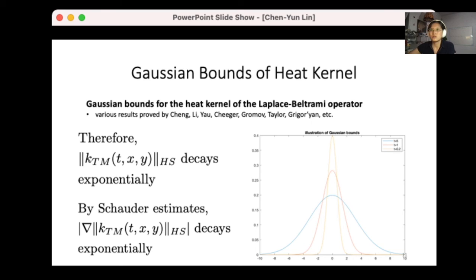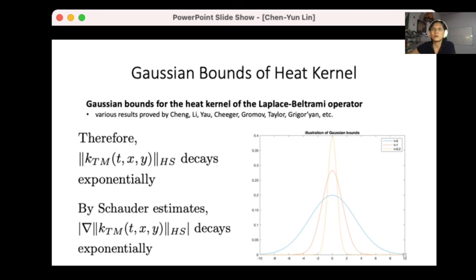We can just think about the one-dimensional heat equation and its fundamental solution. You can see there's a Gaussian bound or exponential decay. The smaller the diffusion time t is, the faster the heat kernel drops down to 0, in terms of distance.